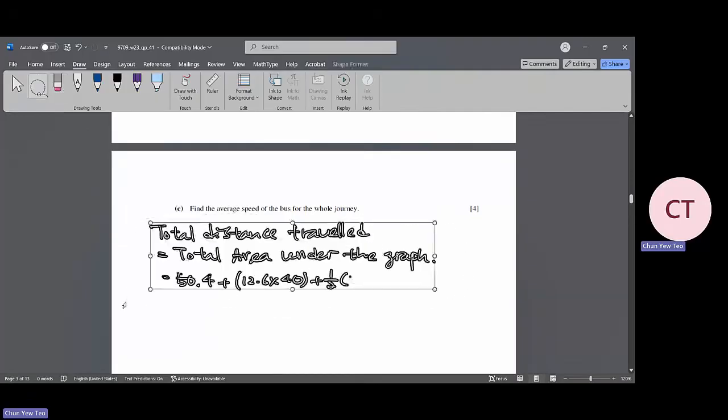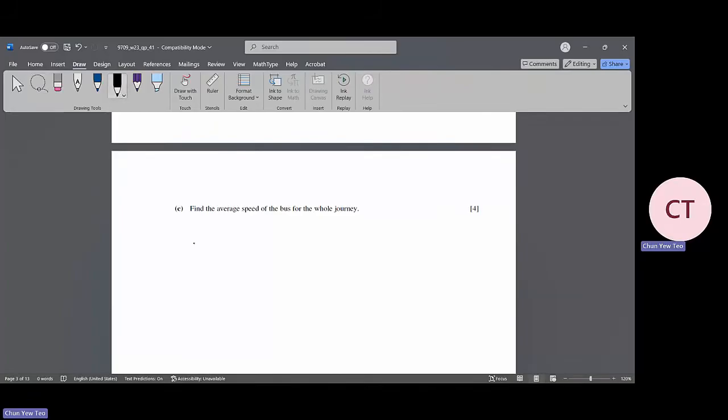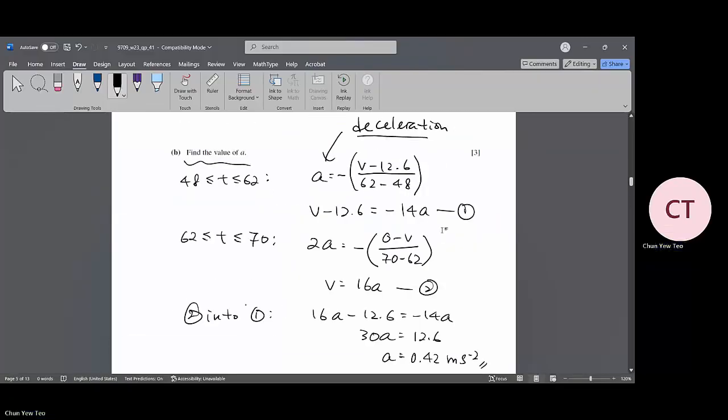So to find the V, just now for the interval of time 62 to 70, we know the A is 0.42 already. Then we just replace it inside. Here will be better.